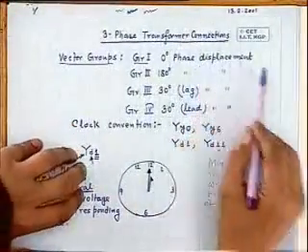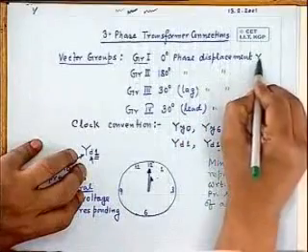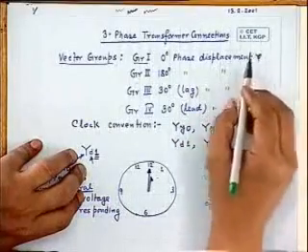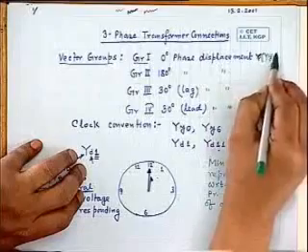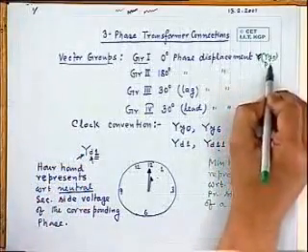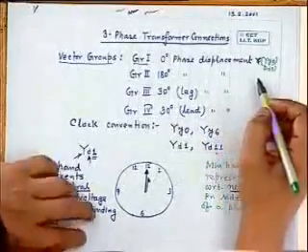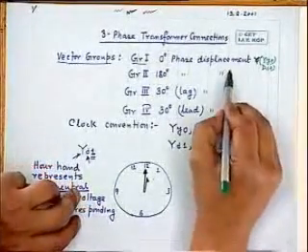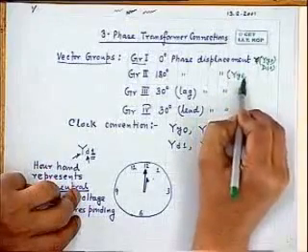So this first vector grouping, whatever I have told, is 0 degree phase displacement. It is possible with, you can write, Group 1: YY0, or it is possible with DD0. Delta delta 0 is possible. You can try.